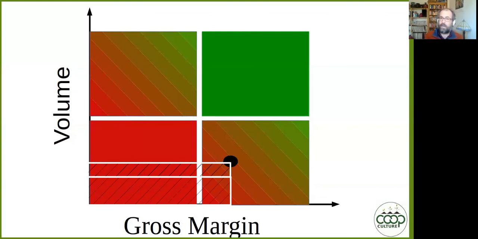So if I am a low volume, high margin business, so I don't sell many things, but each thing I sell, I make a lot of money on, the metric I should be most focused on is selling. How much do I sell? What's my sales growth? How am I going to increase my sales growth? Because that will have the biggest effect upon my gross profit.